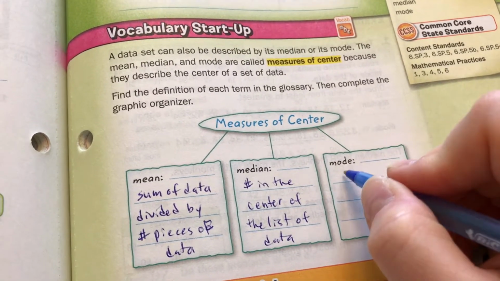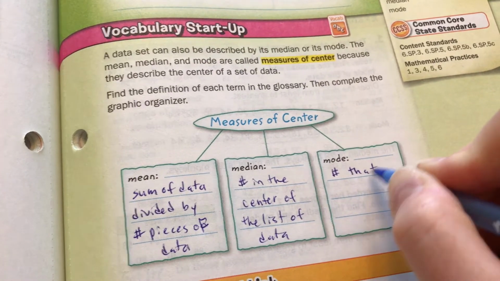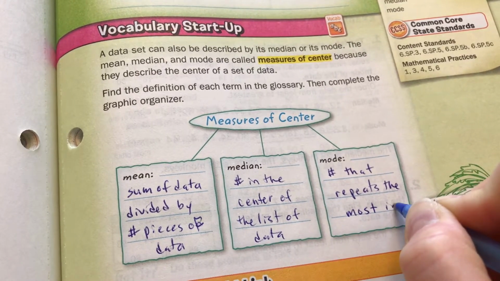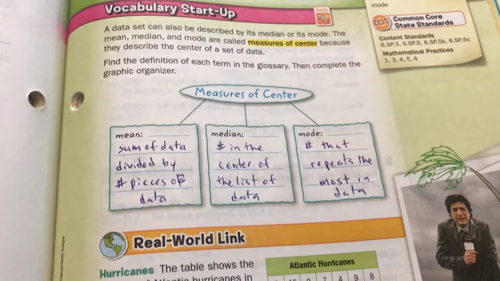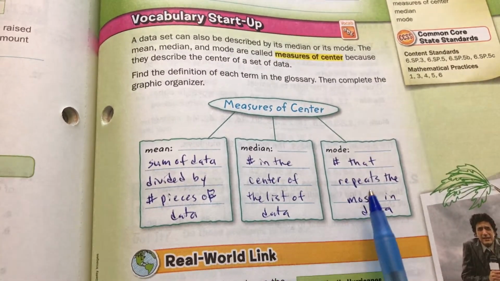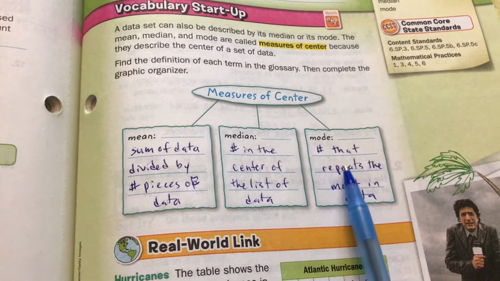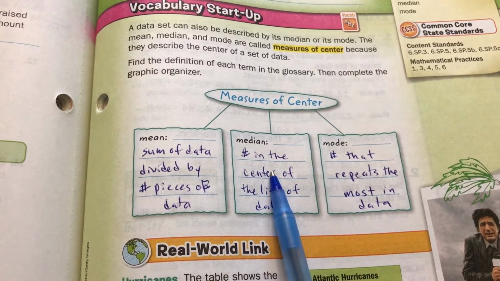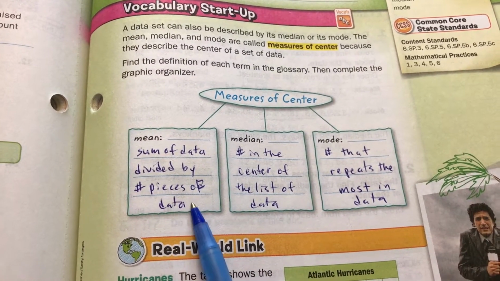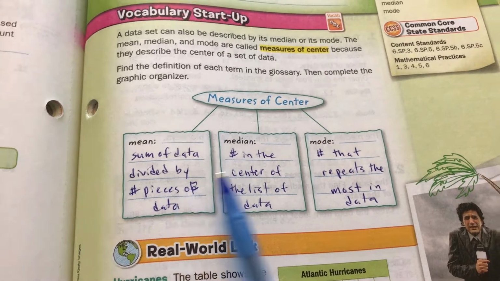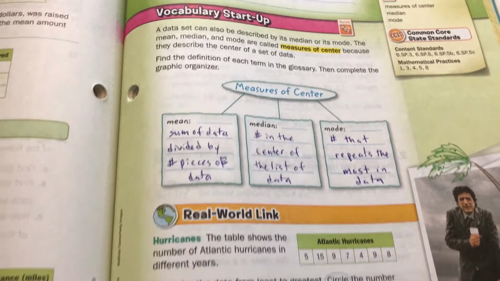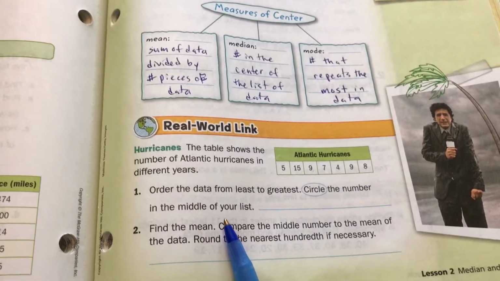And mode is the number that repeats the most in data. So they all usually lead us to the center, unless the mode, sometimes the mode can get weird. We'll find that out in here. Sometimes there isn't a mode, but the median is definitely right in the center. And the mean is the sum of everything divided by the count, and we talked about how this balances the data. So we're going to be able to compare them and describe how they relate to each other in a set of data. So let's look at the real world link.